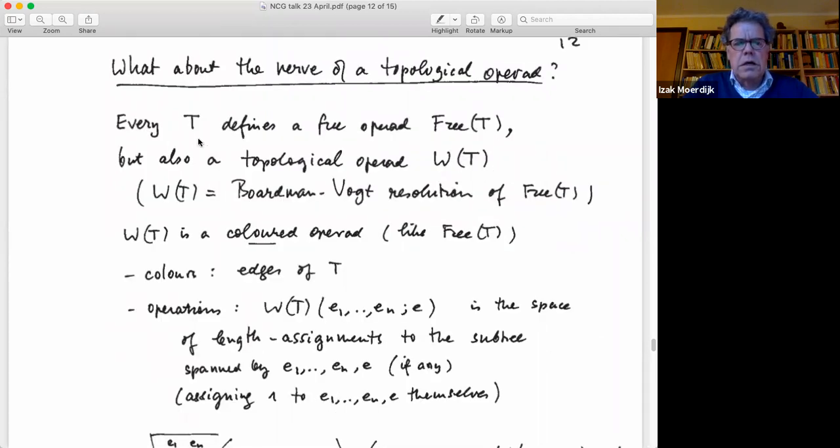I mentioned before, though it was not on the slides, in response to a question by Alain, that every tree defines a free operad, which I provisionally denote free of T. But for this free of T, there's some sort of topological resolution, W of T. It's in fact a special case of a much more general construction called the Boardman-Vogt resolution of an operad.